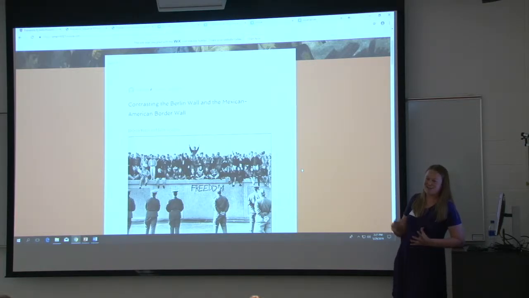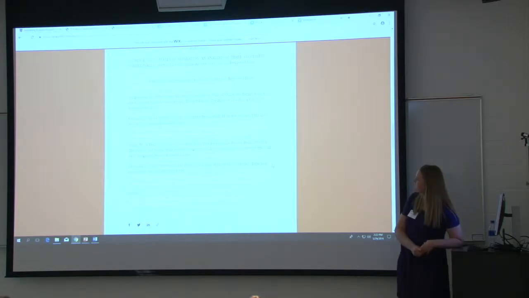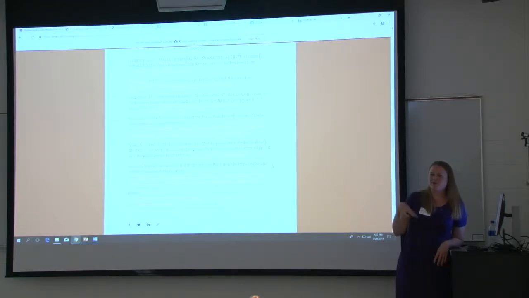And so they're trying to connect past and present. And so you see here that this one is going to be a little bit shorter because it was for a 100 level class, so their requirements were not quite as extensive as for the 300 level class. But again, they're still incorporating peer-reviewed academic research and trying to tell the story of the Berlin Wall and then bringing that up to the present with contemporary connections.